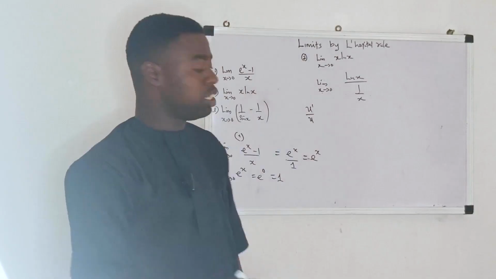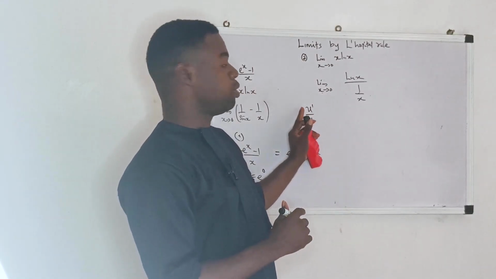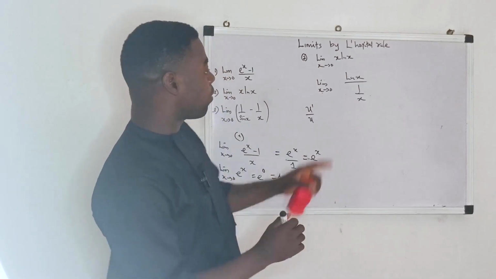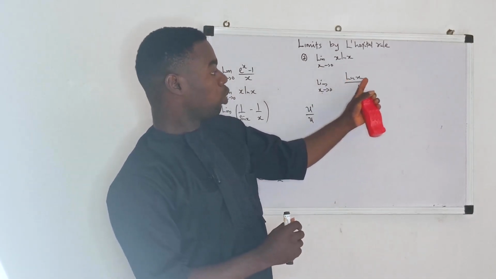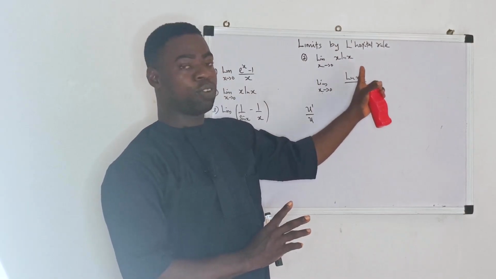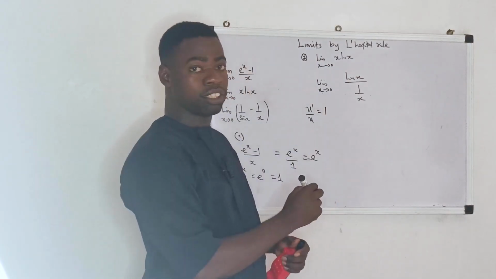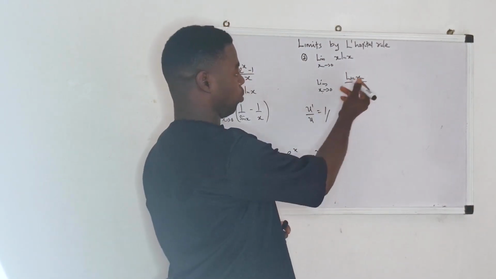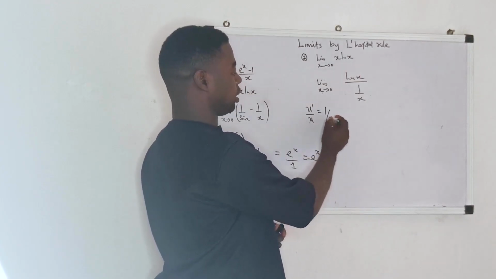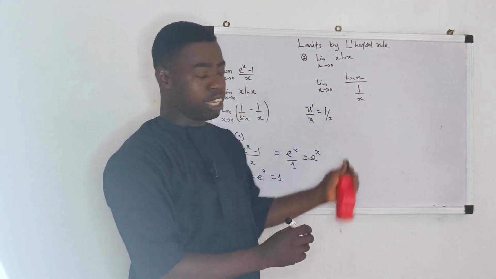Whatever your function is, let it be u, and the derivative be u prime. The function apart from ln is just x. If I differentiate x, I get 1, divided by my function u, which is x. So the differentiation of ln x is 1 over x, right?